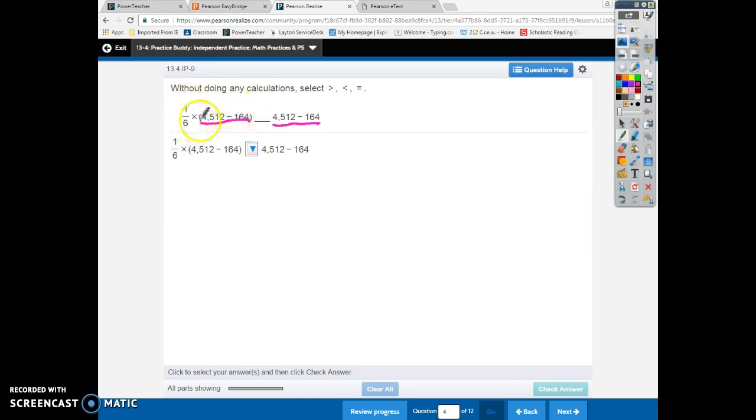And if I didn't have this times 1/6, I would say that those two are equal to each other. But because we have this times 1/6, that means this whole expression will be 1/6 compared to the other. So because I'm timesing it by a fraction, which means the same thing as dividing it by 6, this side will be less than the other side.